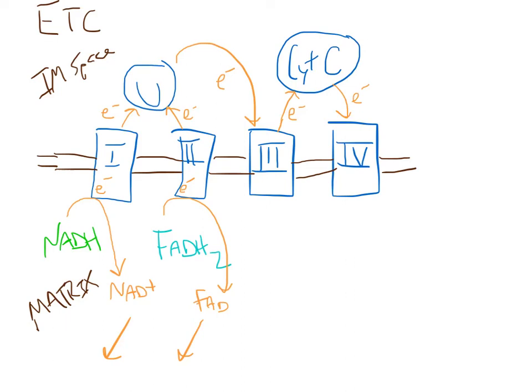And then, from complex 4, our electrons are passed to our final electron acceptor, oxygen. And this is going to lead to the formation of water, which is basically one of our byproducts when we do this whole thing. So that's what the electron transport chain does with the electrons. But if you notice, we haven't made any ATP here, and that's the main thing that happens during the electron transport chain.